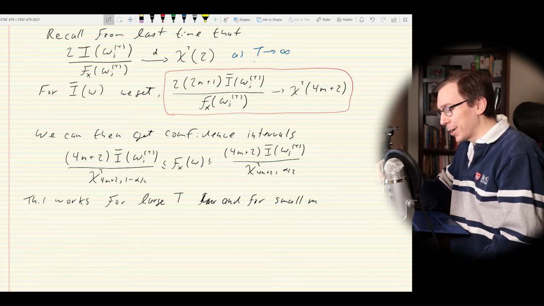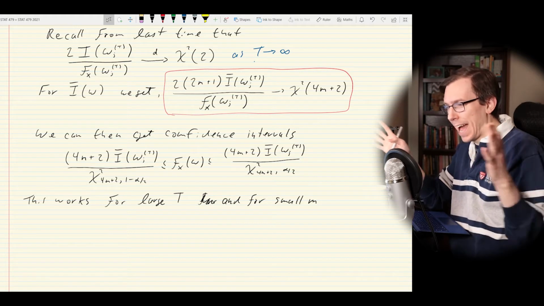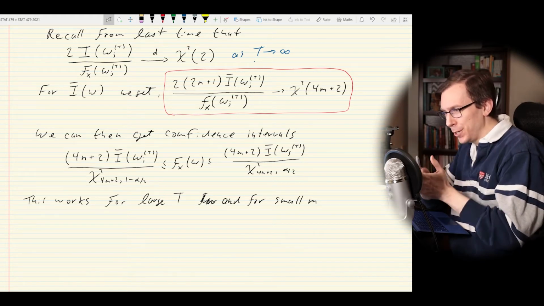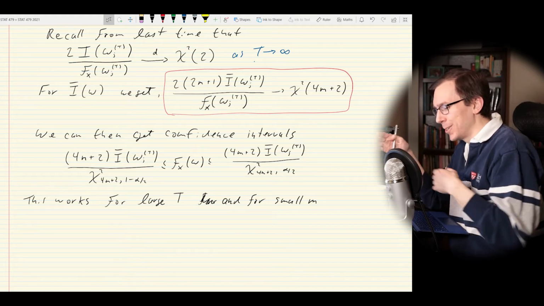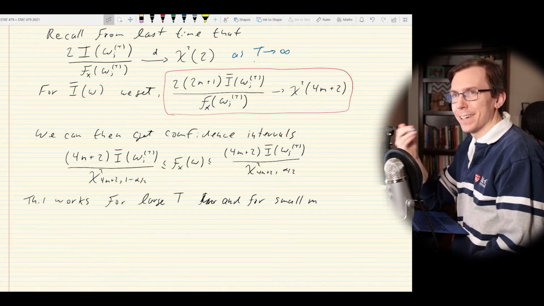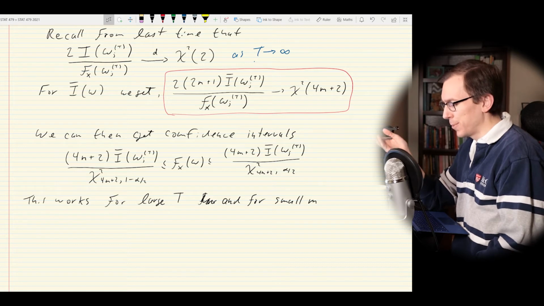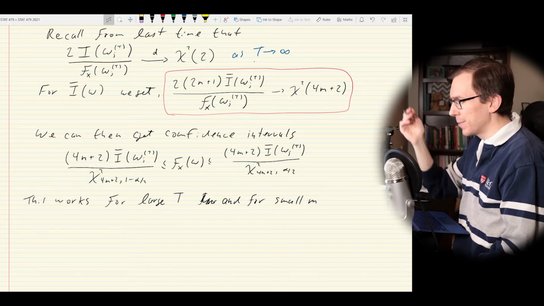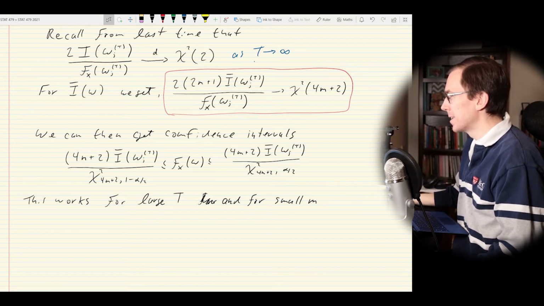And similarly here, we're just taking a bunch of frequencies and averaging them together. So again, we have fewer frequencies in total for our periodogram. So there's a lot of similarities in these ideas, even though one is more time domain and one is more frequency domain in its approach.